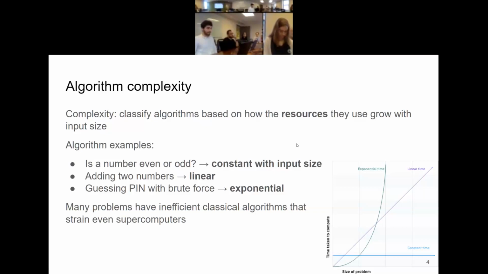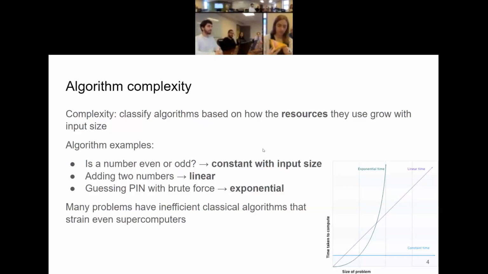If we are guessing the pin to someone's iPhone, as the size of the pin grows, it requires exponentially more resources to get the correct password. In general, something with exponential complexity we classify as a bad algorithm because as the size of the problem grows, it can become intractable.